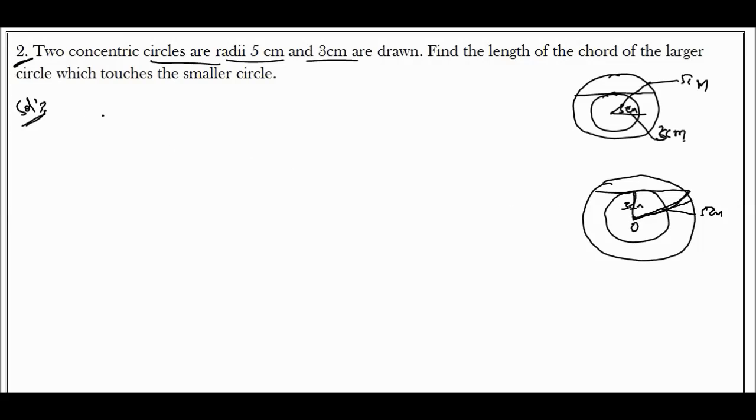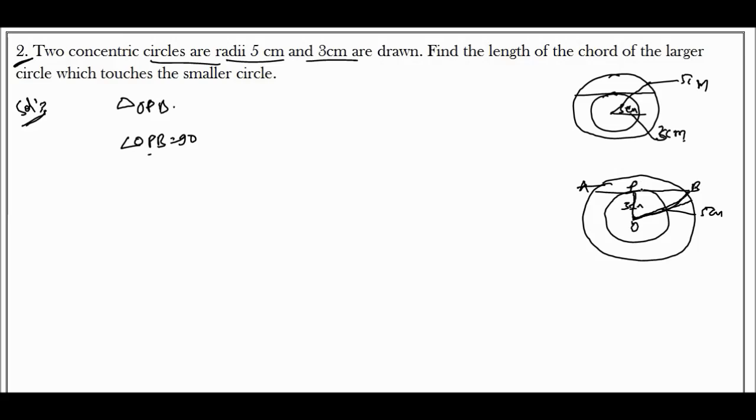So solution here: it forms triangle OPB. We think this is A and B, this is P. So triangle OPB, okay, we need to find here. Angle OPB is equal to 90 degrees.